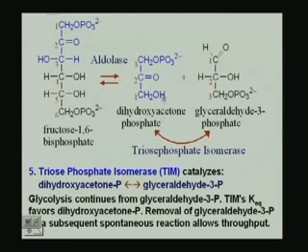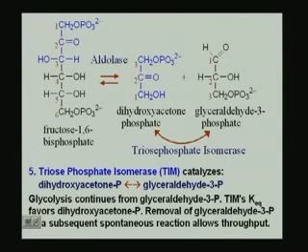But the further steps of glycolysis continue from glyceraldehyde 3-phosphate. So if the equilibrium shifts to dihydroxyacetone phosphate, what does it mean? It means I may not have sufficient glyceraldehyde 3-phosphate to continue with the glycolysis.